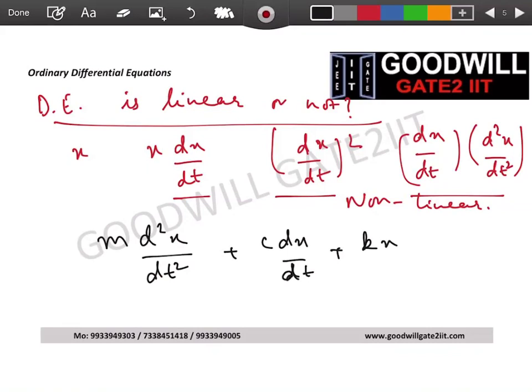Is the dependent variable or its derivatives present in any term in multiplication? No, right? So it is a linear differential equation.